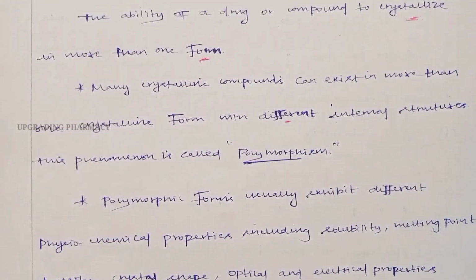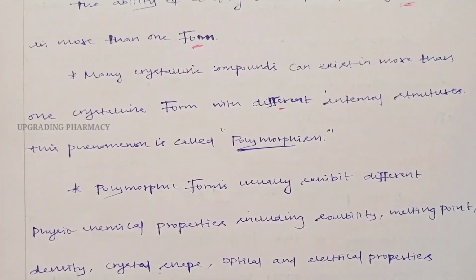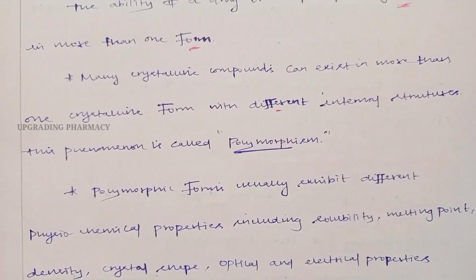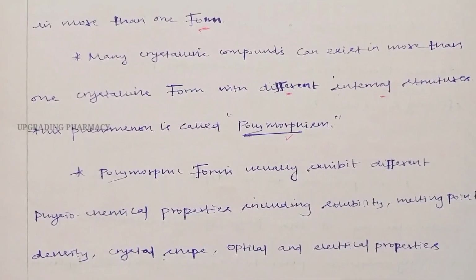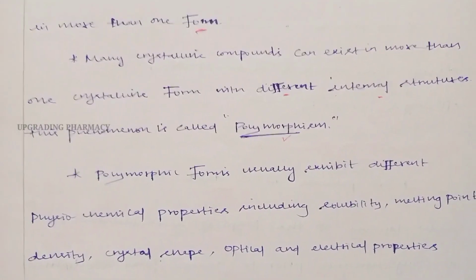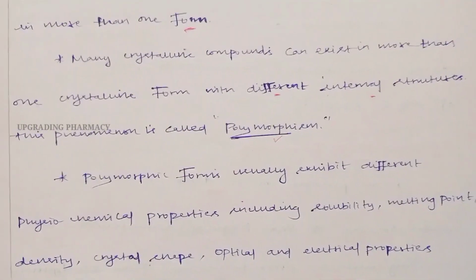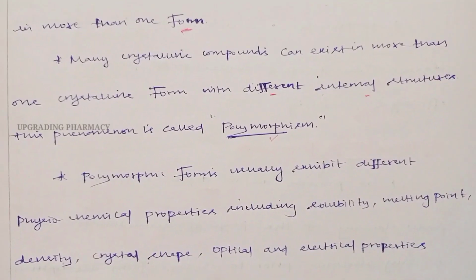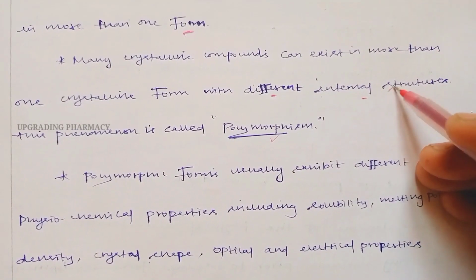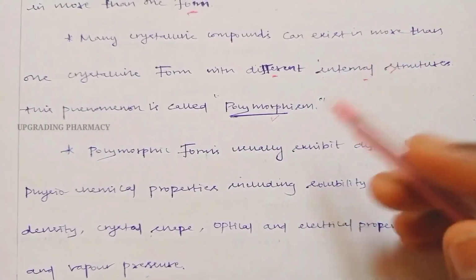Crystals are built of a unit arrangement, so when the solid exists in different crystal forms, the way the molecules are arranged in the crystal varies from one form to another. That is the different internal structure.